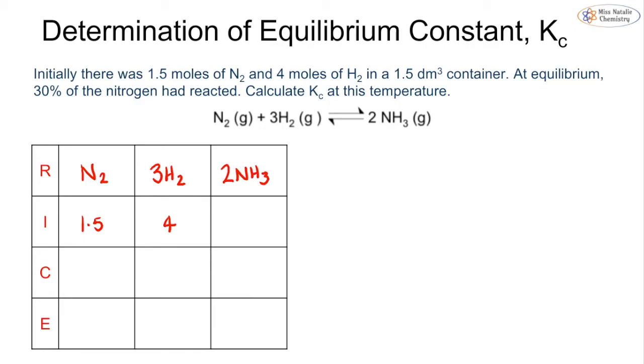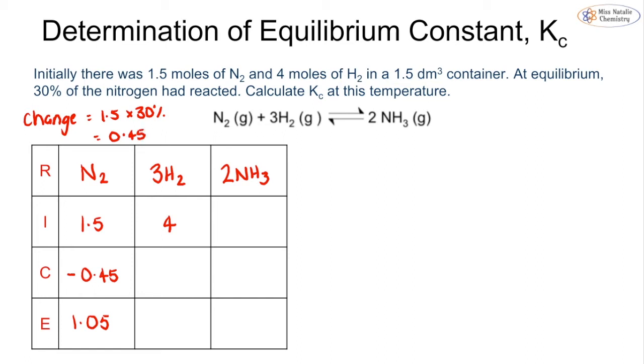So if I take my 30% of 1.5, that gives me a value of 0.45. So my nitrogen is coming down by 0.45, which will bring that number of moles at equilibrium down to 1.05. Okay, so to get my change, I simply did 1.5 times 30%, which is 0.45.